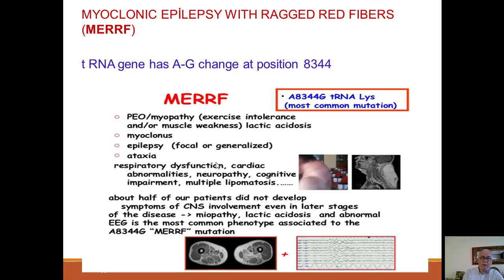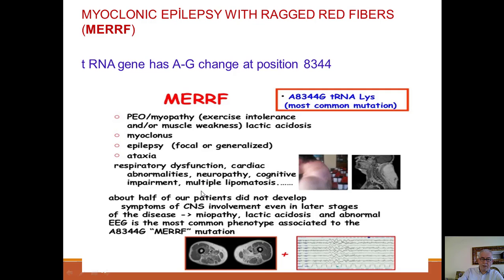And the third one, myoclonic epilepsy with ragged red fibers. The problem is the tRNA gene has a G change at position 8344, and patients had some problems. For example, muscle weakness, lactic acidosis, and epilepsy, ataxia, also respiratory dysfunction, and also some cardiac problems and neuropathy.